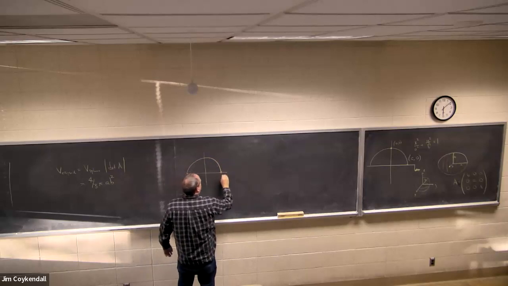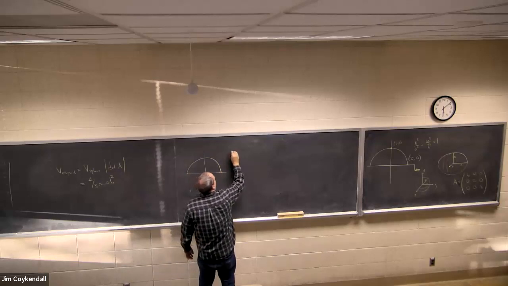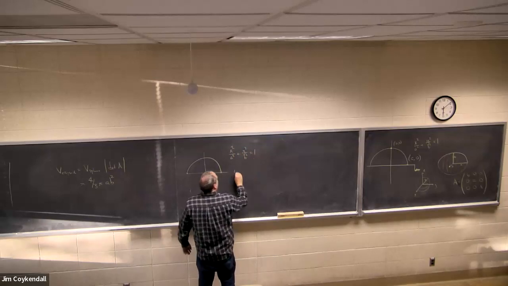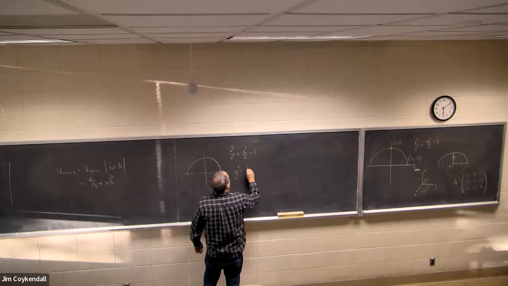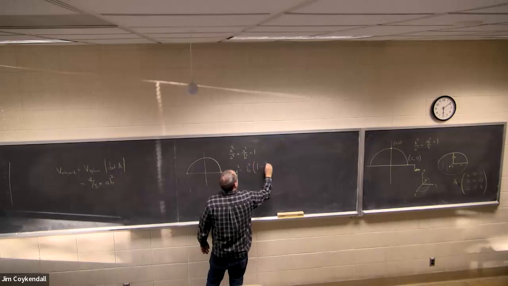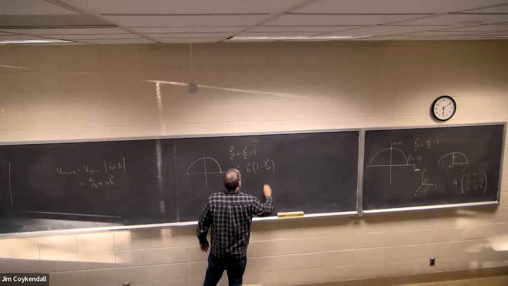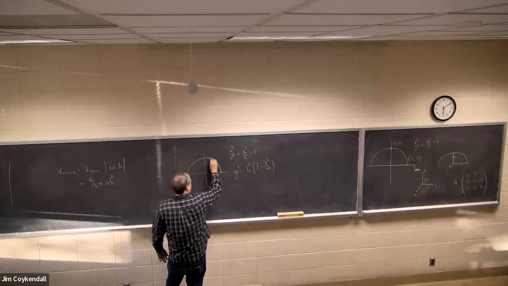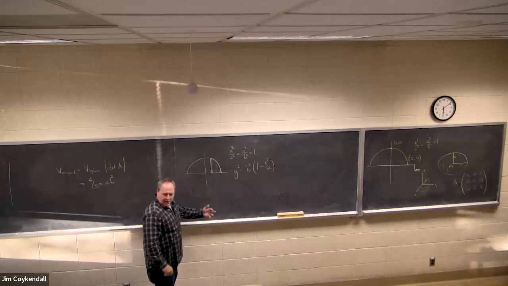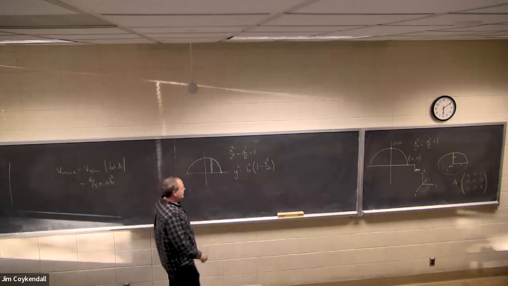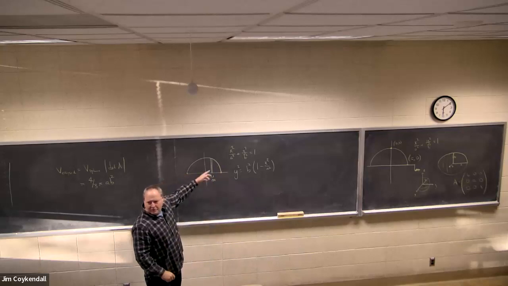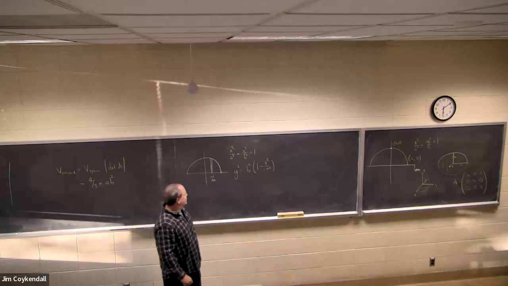Y squared, if I solve for this, is b squared times 1 minus x squared over a squared. Do you remember this with the washers and the discs and all that business?